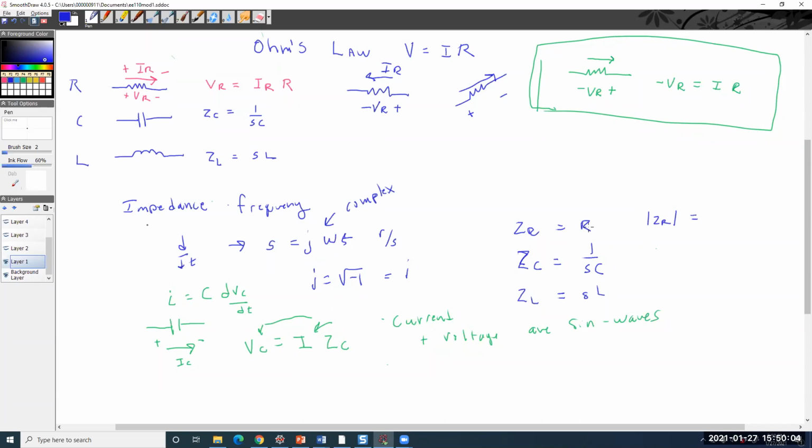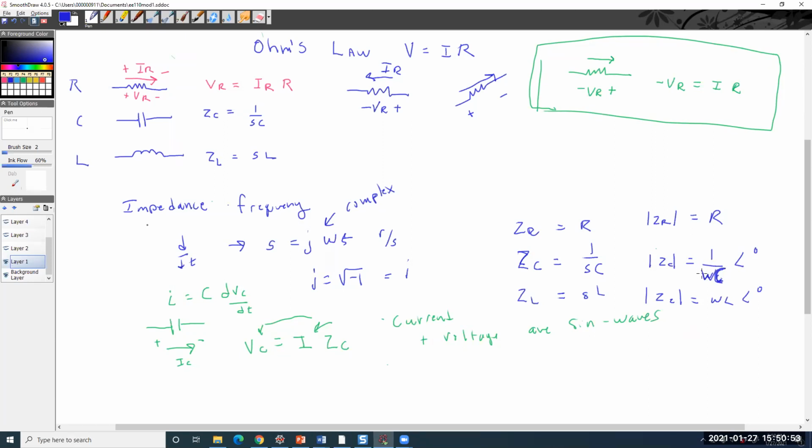Which is basically the real, I'm going to go a little faster than normal because I was going to cover this a little bit later, but you square the real part, add it to the square of the imaginary part, take the square root of it, and you get R. If I take the magnitude of ZC, S is j omega, but really it becomes 1 over omega C, and the magnitude here would be omega L. The phase is for later.